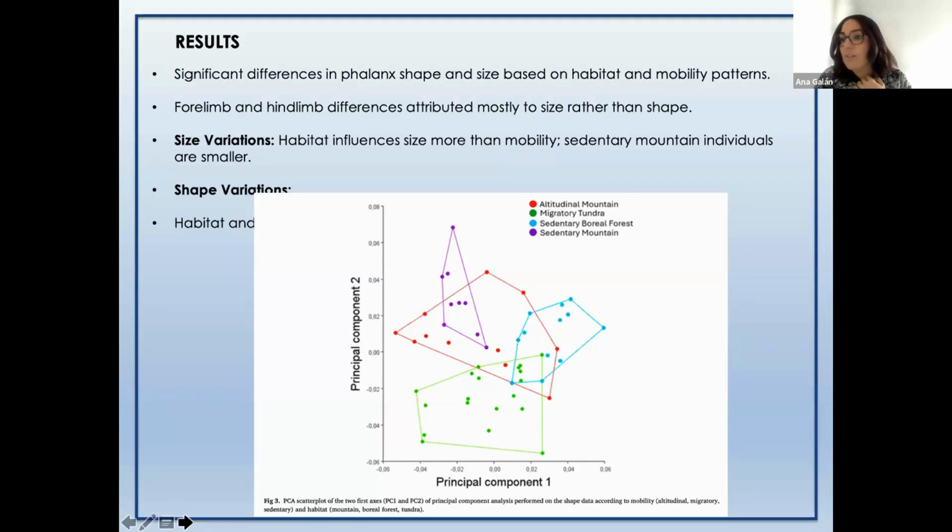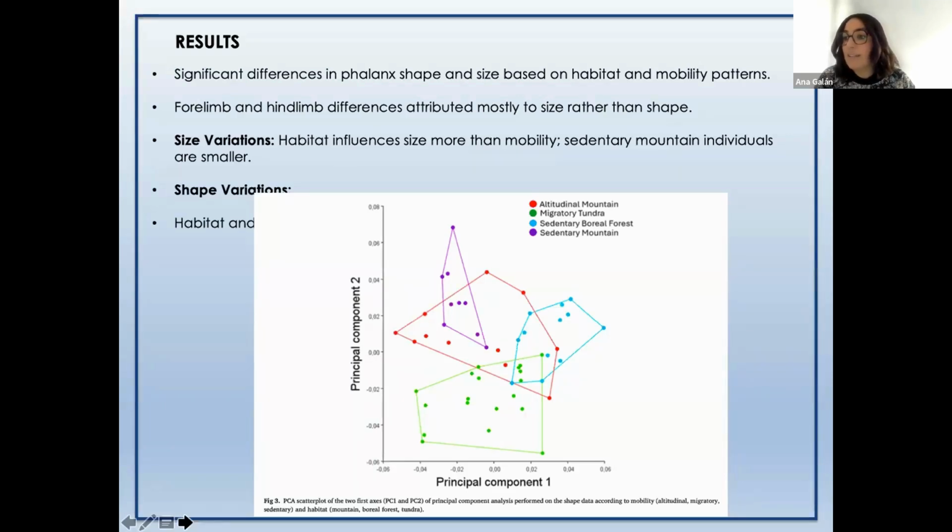In contrast, the migratory mountain group shows a wide variation in its articular and plantar configurations, indicating substantial internal variability. The sedentary mountain group forms a tight cluster in the upper middle of the plot, especially distinct along PC2, suggesting that its members share similar morphological traits.